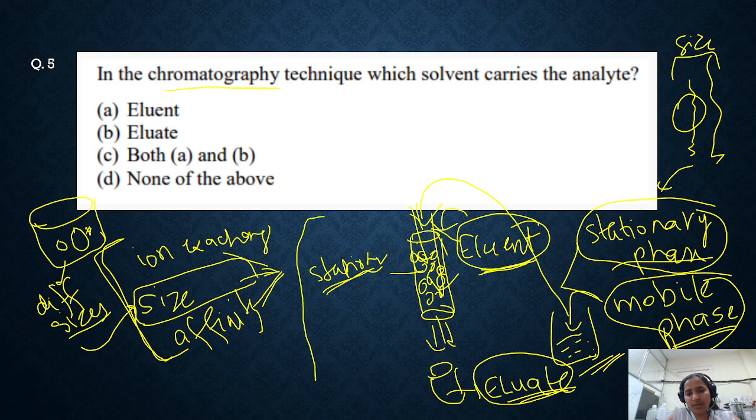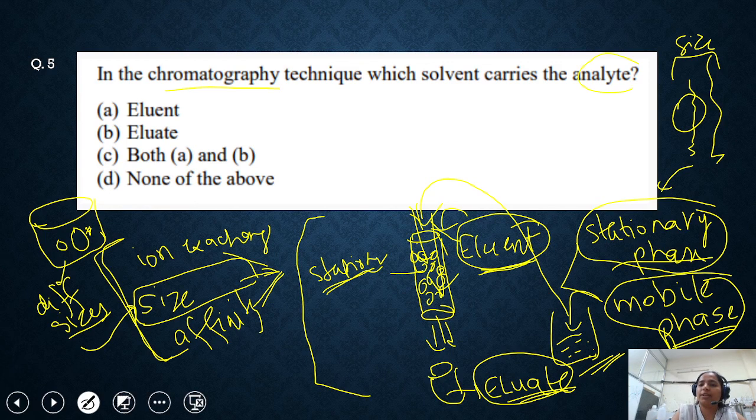These four terms you must know about chromatography. Okay, so now come to the question: in the chromatography technique, which solvent carries the analyte? First one is eluent. So yes, in the eluent your analyte is present. Analyte is referring to what you want to separate. So this is present in the eluent. So for this, the correct answer is A.